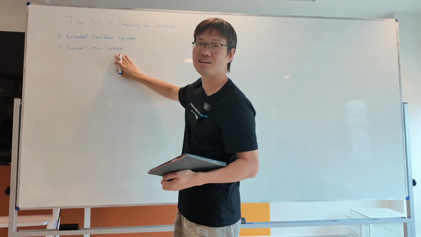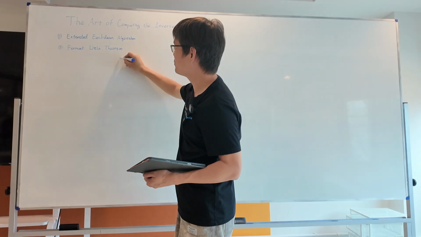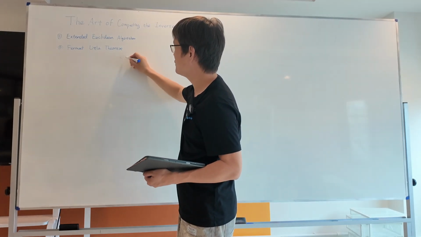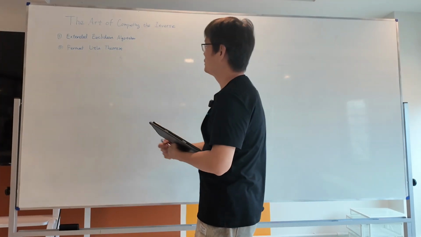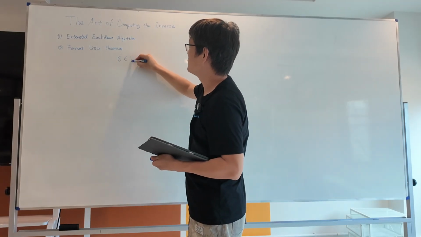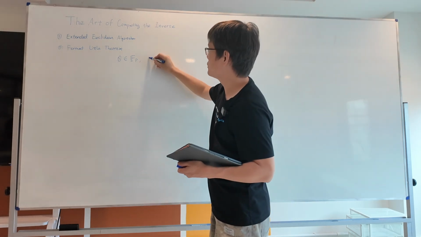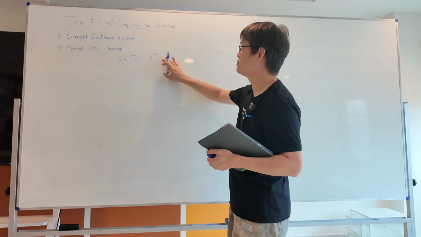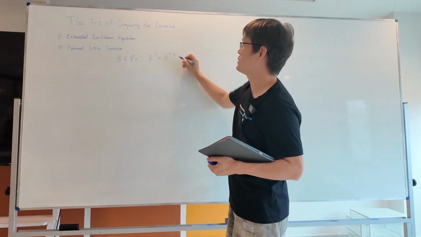But the second is relatively easy, right? For example, we have a theta in some prime field, and we want to calculate theta to the -1, which equals theta to the p minus 2.